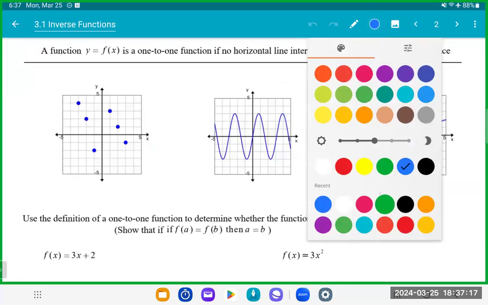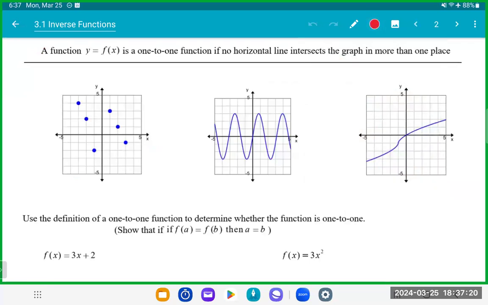Okay, so let's look here. If we're still trying to determine if this is one-to-one, now we can do what's called a horizontal line test, right? Before, to be a function, it has to pass the vertical line test. To be one-to-one, it has to also pass the horizontal line test.